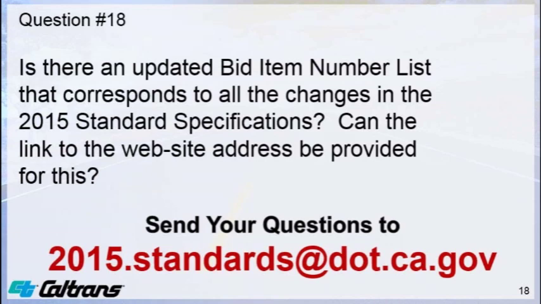So you should be able to access those two different bid item lists based on the set of standards you're using. For the most part, they should be parallel in nature, so you should be using the same bid item codes for both the 2010 and the 2015. That's why you see some of those bid item codes not matching the applicable section.